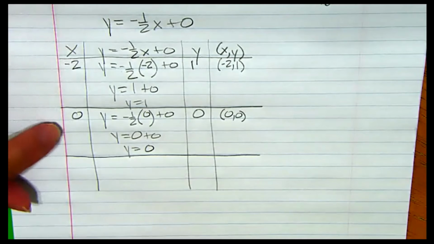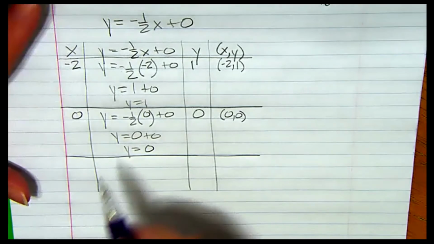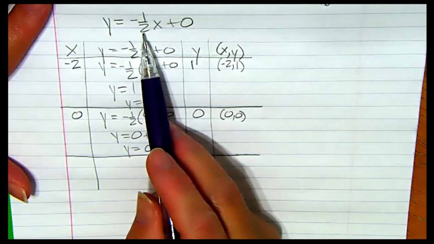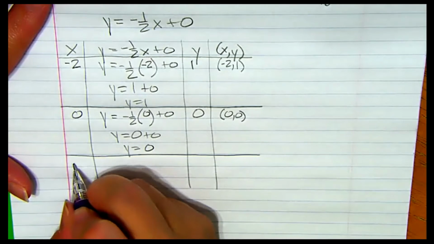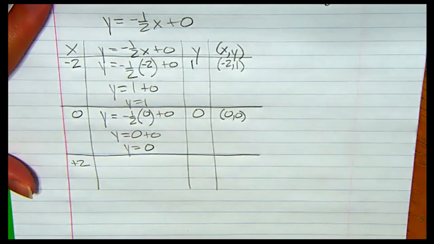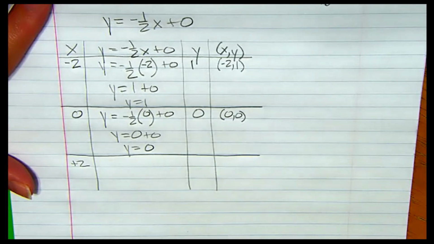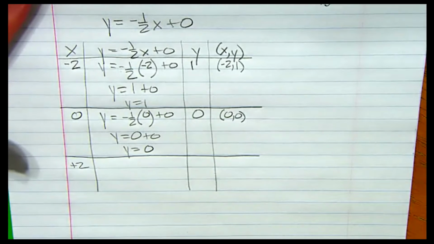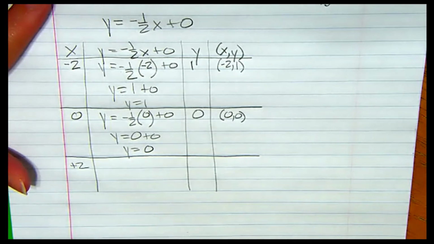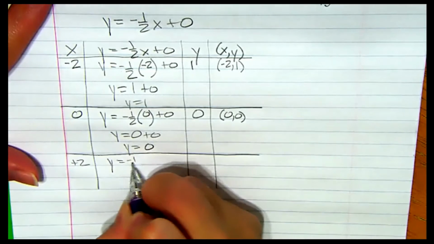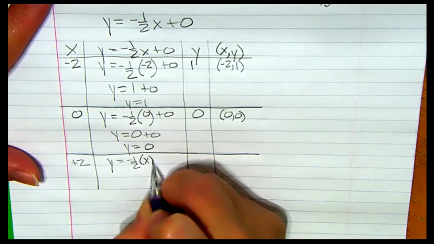Now we know we need a positive. Once again, since I've got this fraction with a denominator of 2, I'm going to use positive 2. It's compatible. It's a multiple. It makes it a lot easier. So we are going to substitute 2 for x.